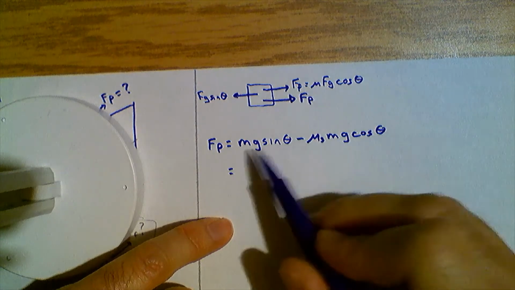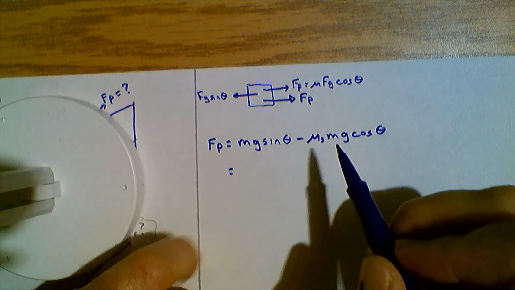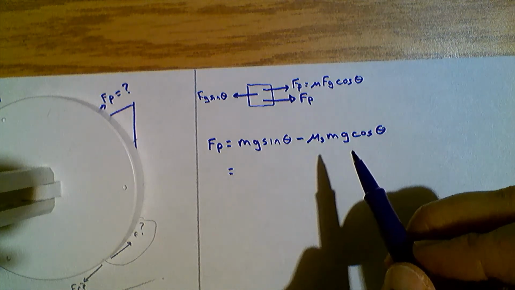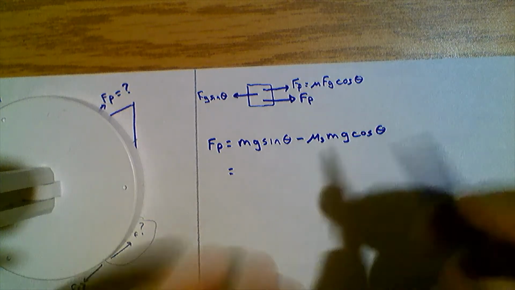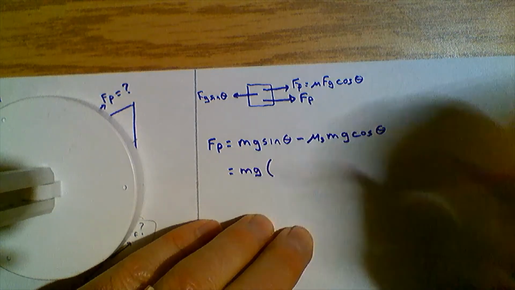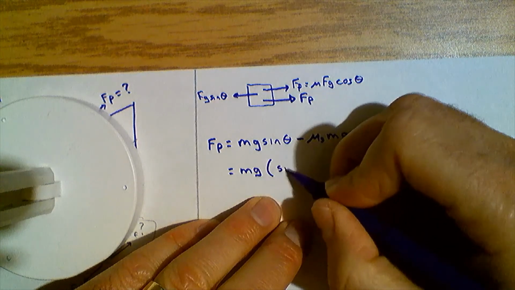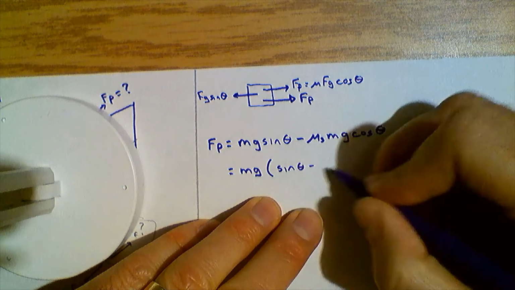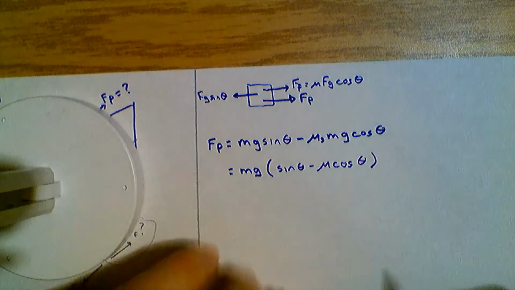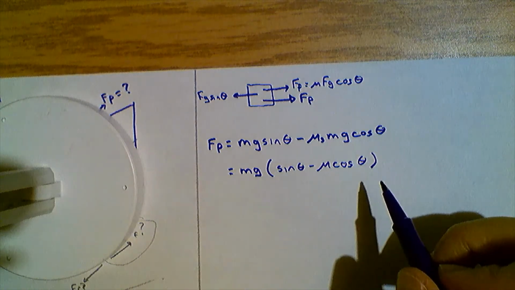Actually, we can factor m out of that too. So we can write mg, which leaves us inside with sine theta minus mu cos theta. And that essentially is the final equation before you have any data.